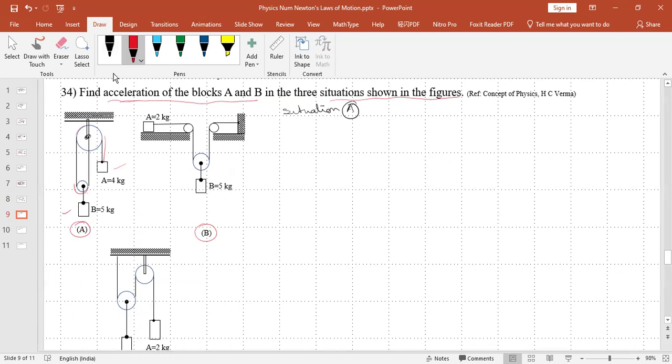Let us say this tension here is T. In that case, this is T by 2. This tension in this string is also T by 2. That means you are applying a force of T by 2 downward, which results in a force of T upward, lifting this body of 5 kg.